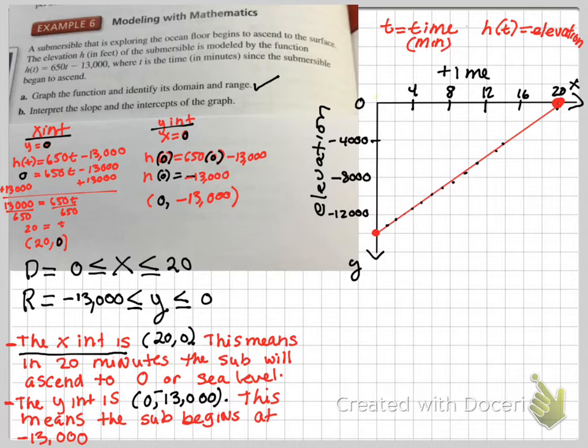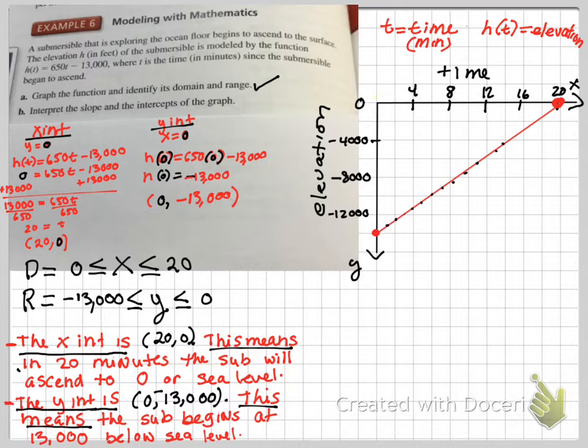In fact, I'm going to get rid of the negative, and I'm going to say 13,000 feet below sea level. All right, so this is the protocol that we're always using. We identify first, the y-intercept is, and then we use this means, and you explain it. Now we have identified our intercepts.